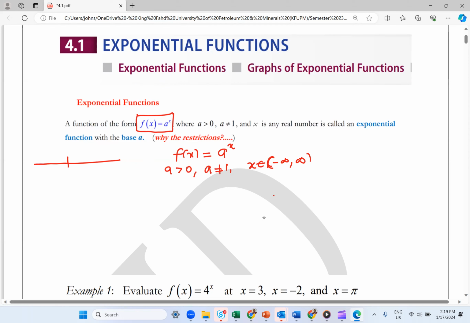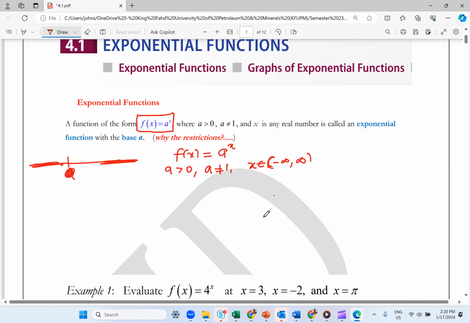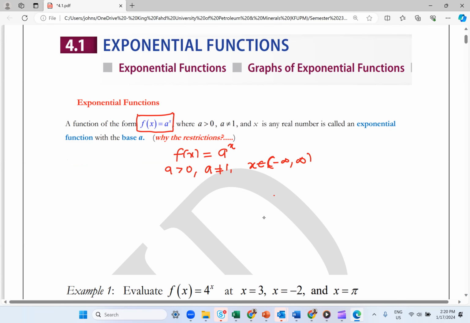It's saying that a can only belong to numbers bigger than 0. So your a cannot be negative. a has to be greater than 0. But if you come to 1, it has to be open because a cannot be 1.